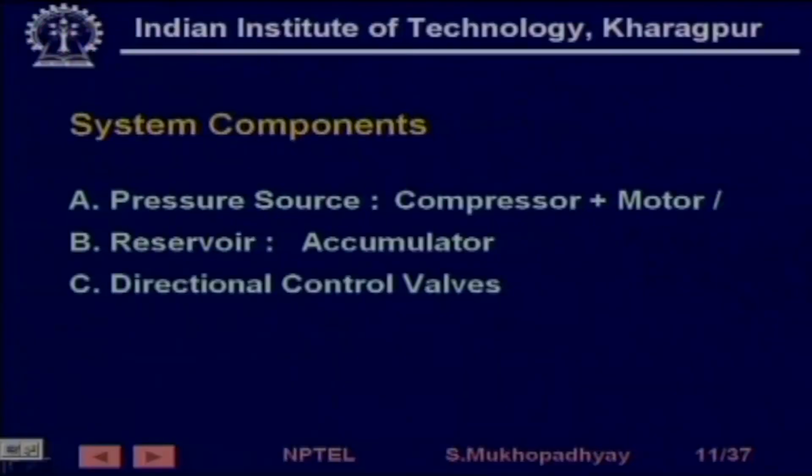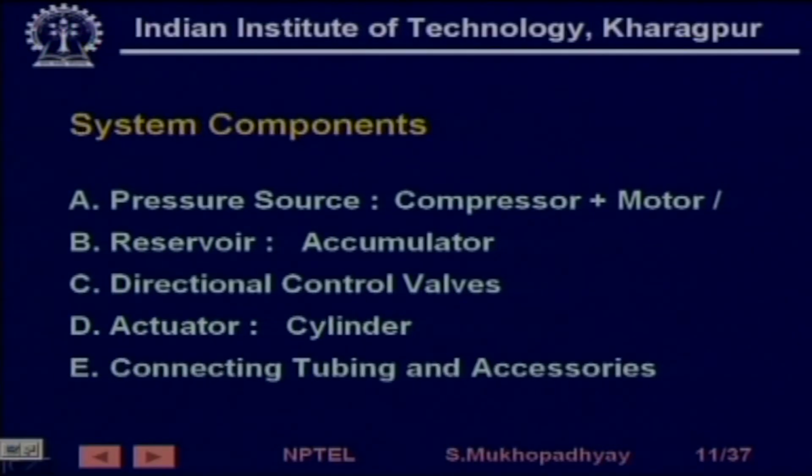So, this improves system response a lot. Therefore, in pneumatic control systems accumulators are very much necessary, more than in hydraulic controls. Then we have the direction control valves and actuator, as we have already said, and we naturally need connecting tubing and accessories like filters.